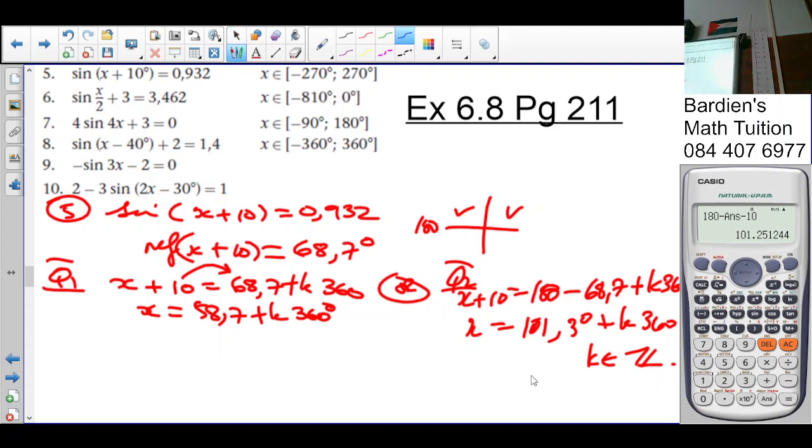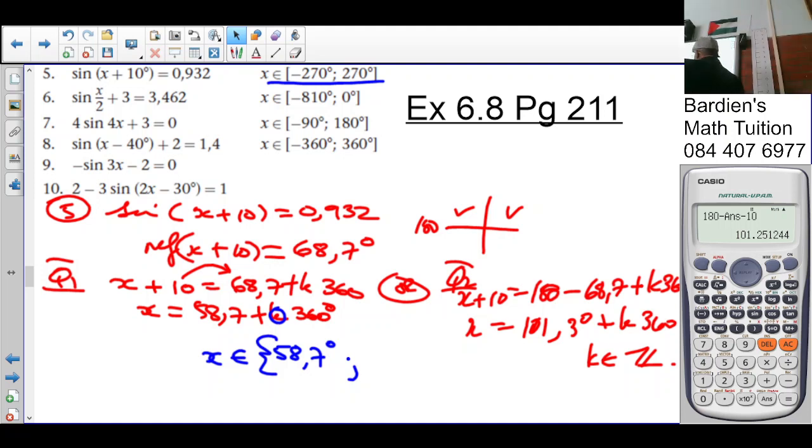But remember, here's a restricted domain on number 5. So we start with saying x is an element of. We start by 0. You get 58,7. Not so? We'll put 1 in there. It's going to give you an answer over 270. We'll put negative 1 in. It's going to be lower than what is required.